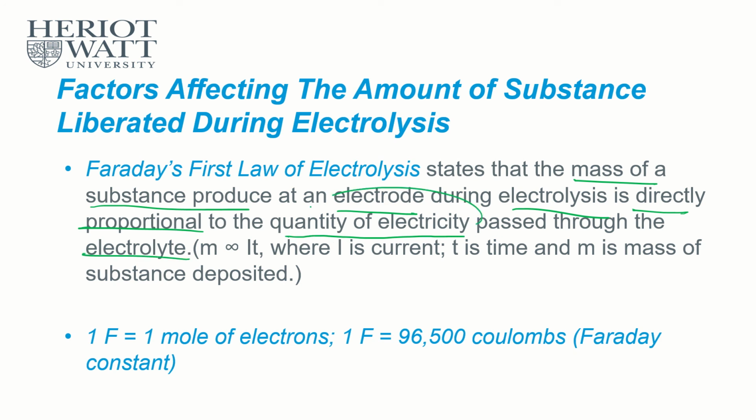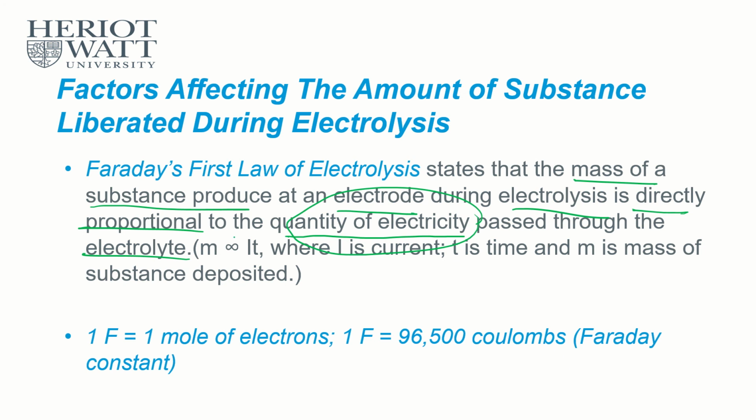What does quantity of electricity mean? The total charge that passed through the cell or the electrolytes will directly affect the amount of main product or byproduct, or generally the products produced at the end of this electrolysis. Okay, so quantity of electricity or charge is the main key.